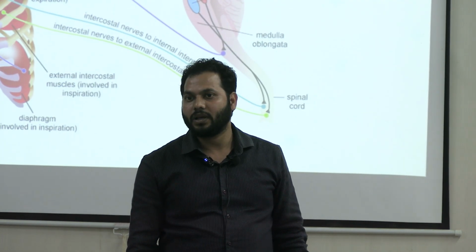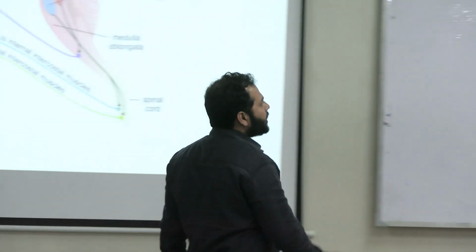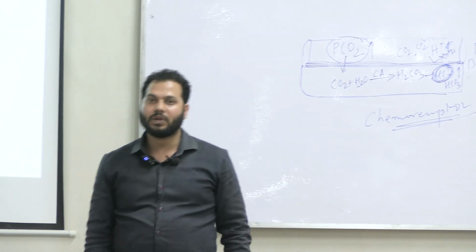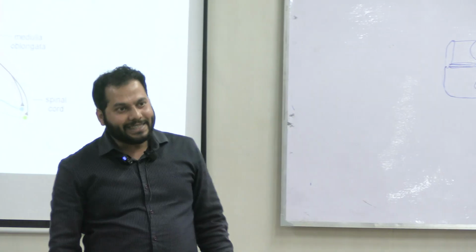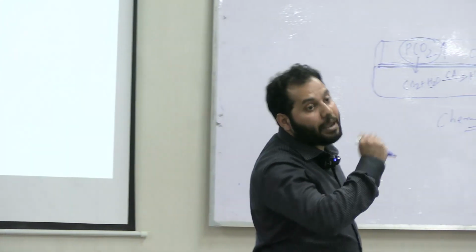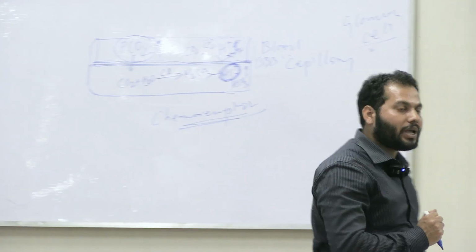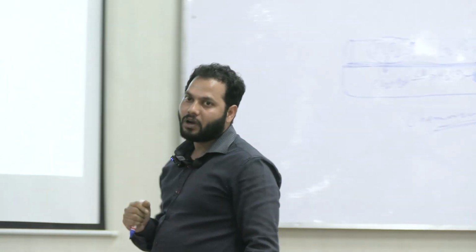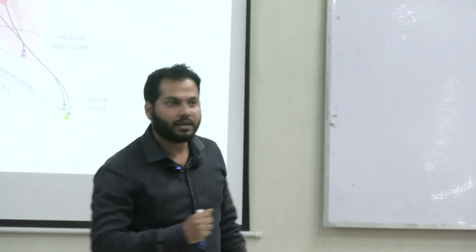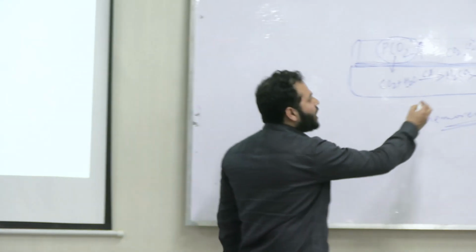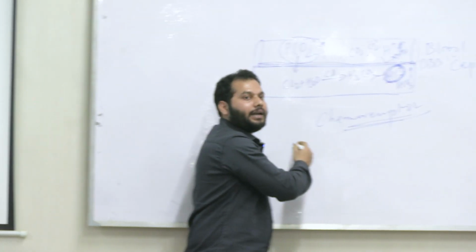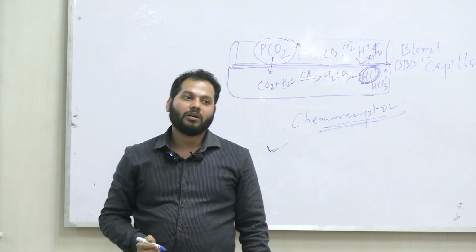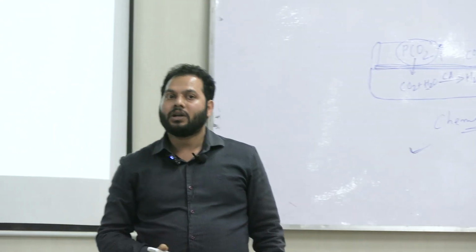ventilation rate. At the initial point of time, the concentration of carbon dioxide was more than normal. In the CSF, it needs to maintain the normal amount of CO2 as well as the normal amount of H plus ion, not more than that. Right? So once it gets the stimulation, immediately it responds by changing the ventilation rate.